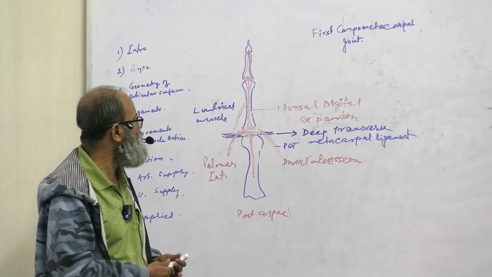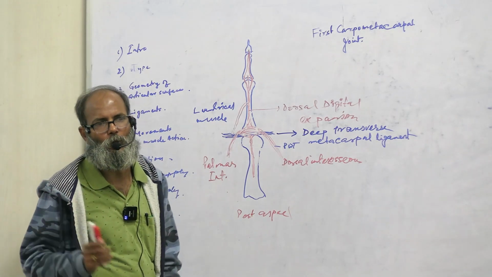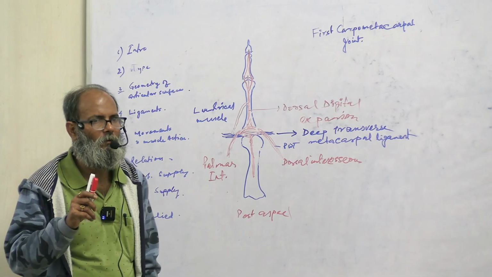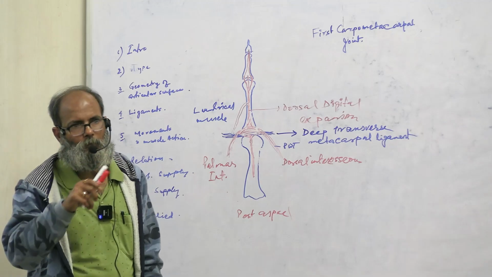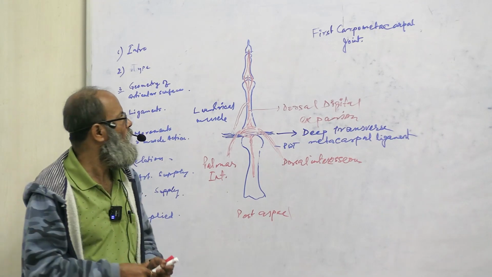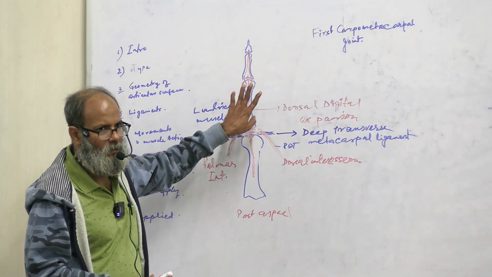Got my point? And due to the presence of this dorsal digital expansion, the dorsal part of the capsule is deficient for the interphalangeal joint. The dorsal digital expansion trifurcates.